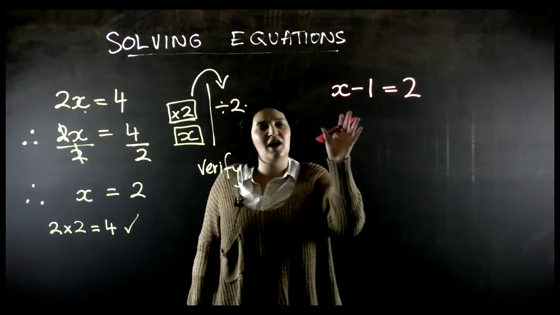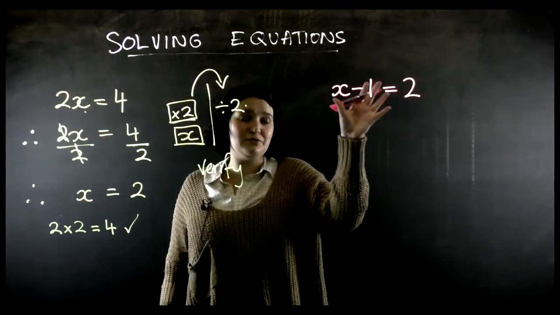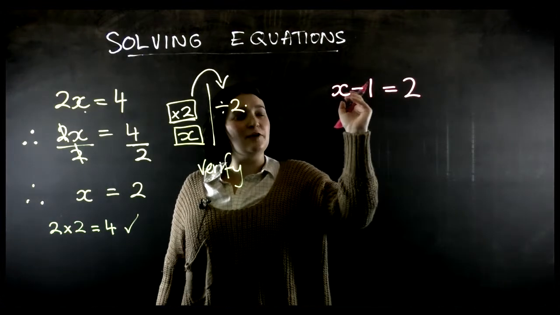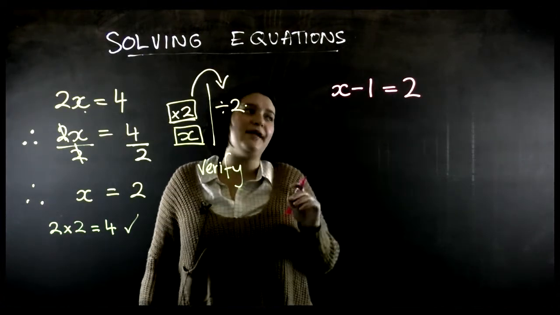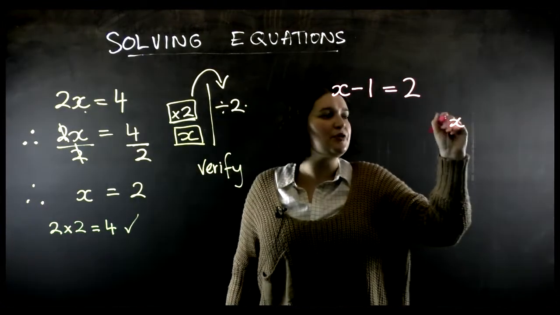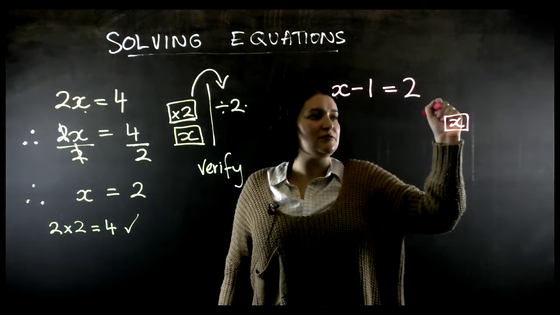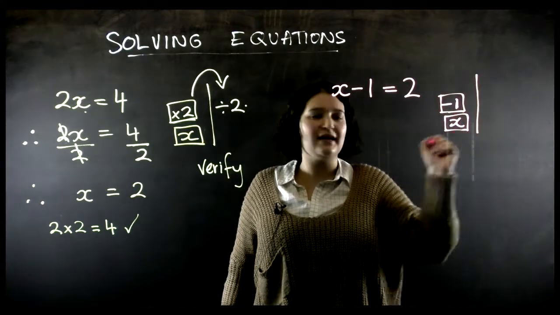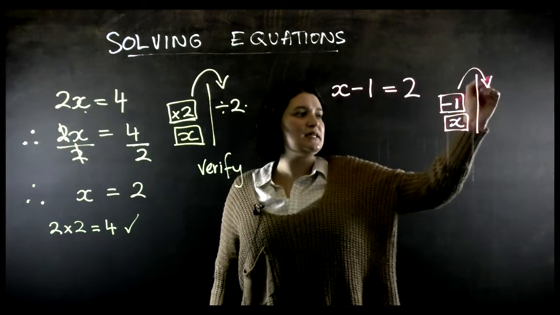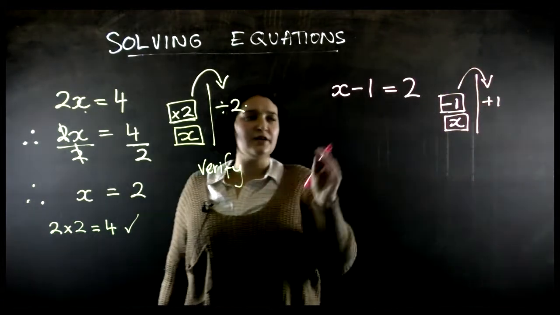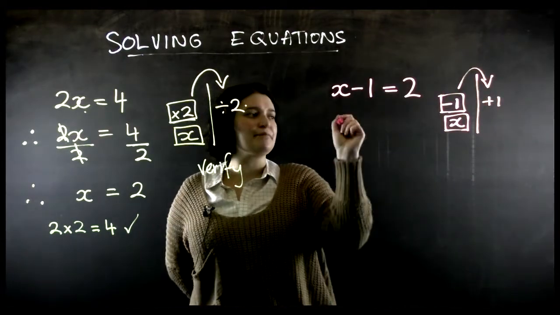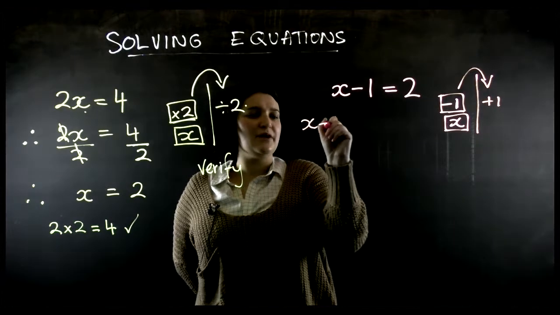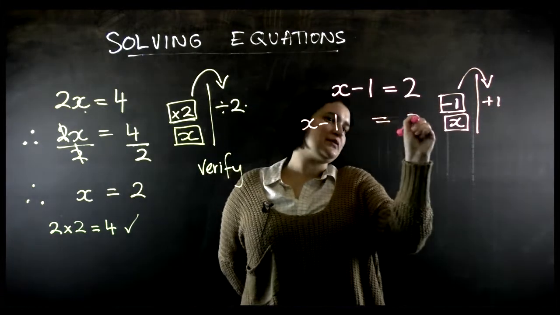Alright, I might have something like this, which is still relatively simple. I've got x minus 1 equals some value. So if I start with x as the bottom brick, I'm subtracting 1. How do I take that brick away? I do the opposite. I add 1. So that's what I'm going to do here. So I've got x take 1 equals 2.